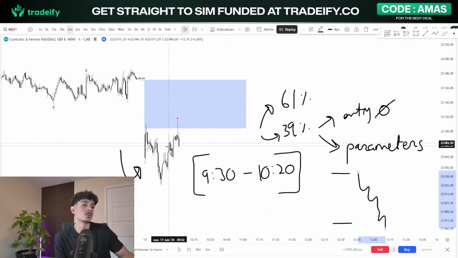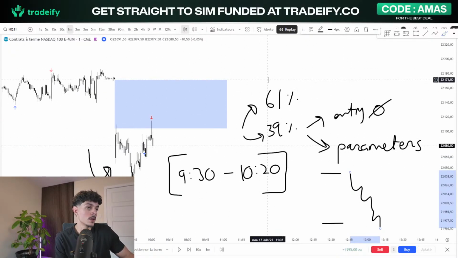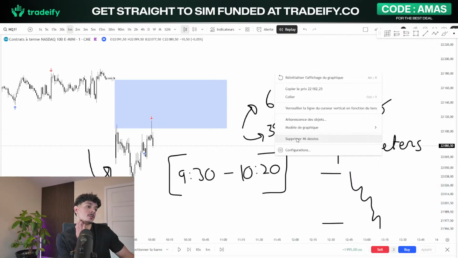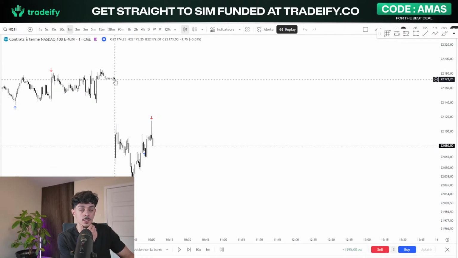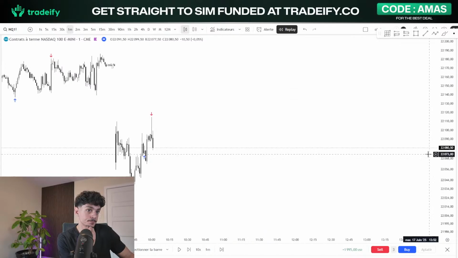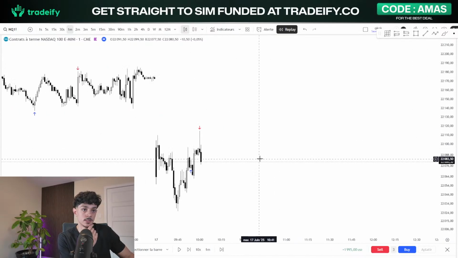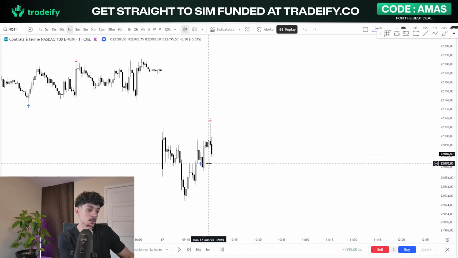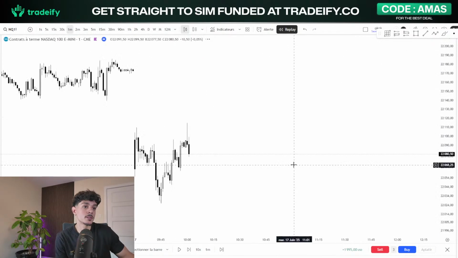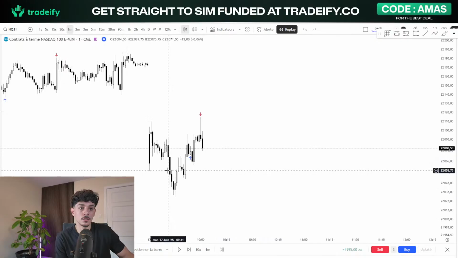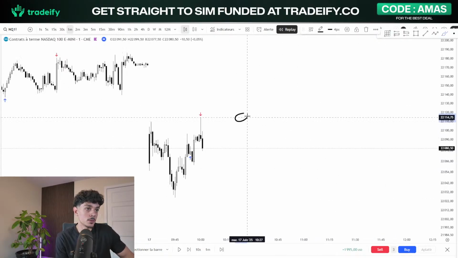So this is really the reason why you could find true edge using those parameters, which is regular trading hour gaps and IFVGs, especially the RTH gap. Also, another concept used right here is the 930. 930 is the opening.